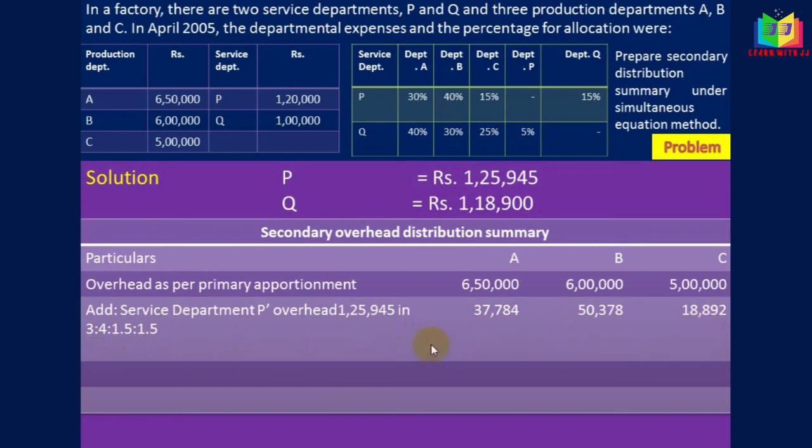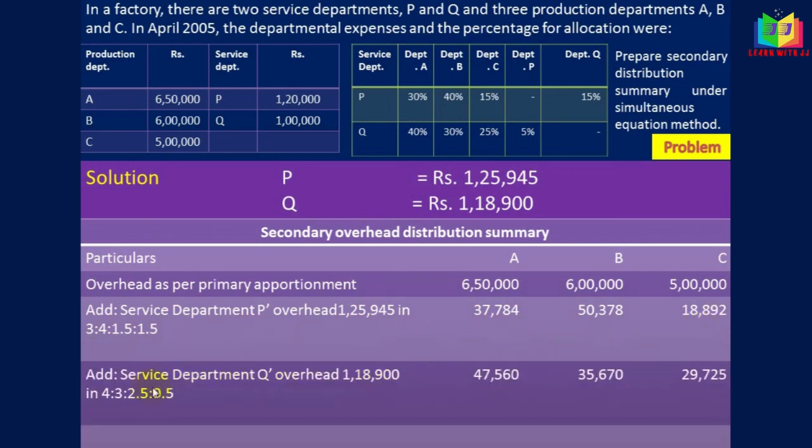Next we allocate Q's overhead to A, B and C in the ratio 4 is to 3 is to 2.5 is to 0.5, but we need not allocate to P. I have just written the ratio here.